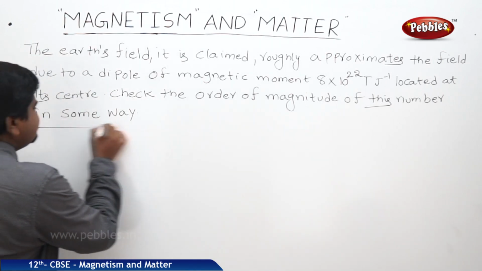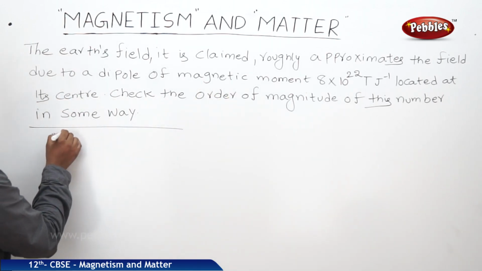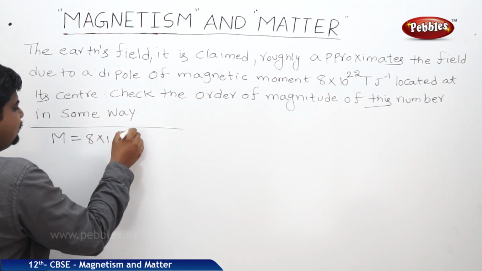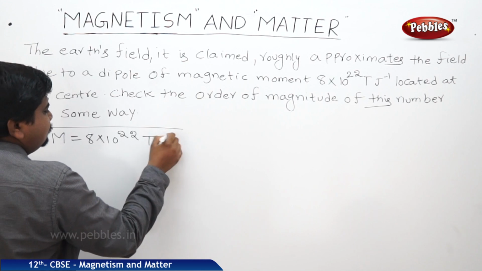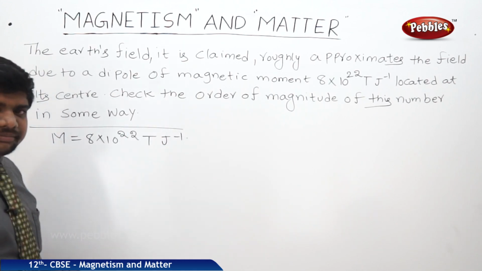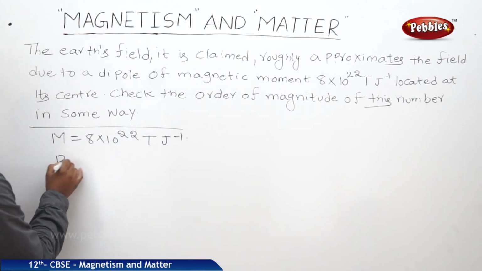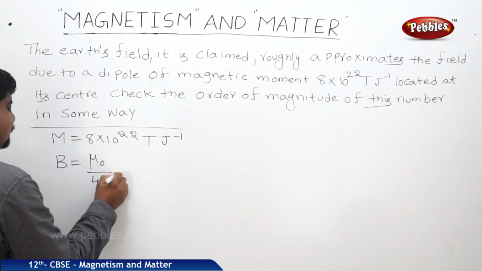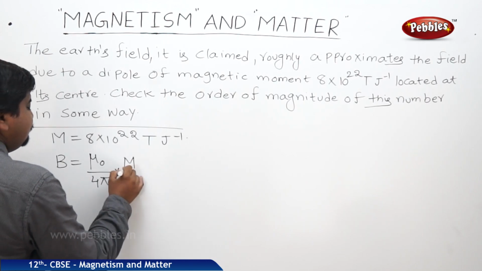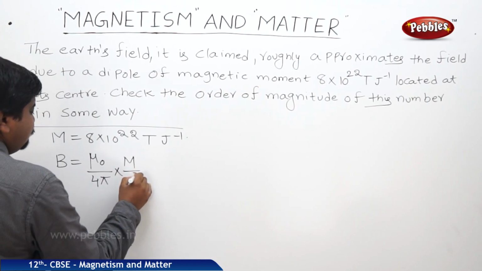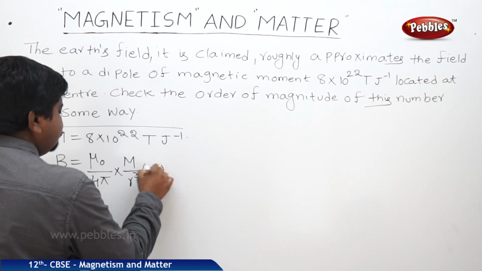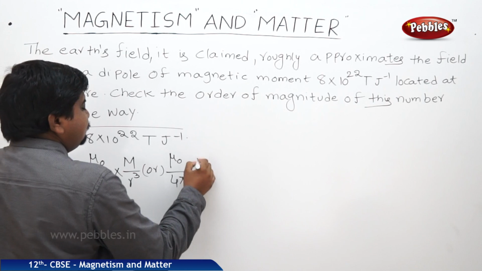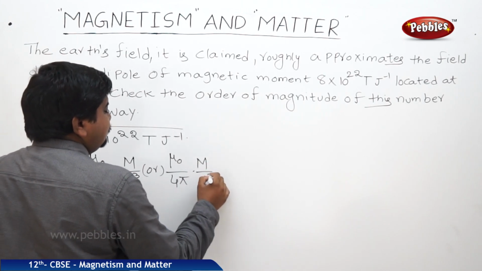So for this purpose, magnetic moment m is equal to 8 into 10 to the power of 22 J T inverse. Magnetic field at its center is mu naught by 4 pi into m by r cube, or mu naught by 4 pi into m by d cube.